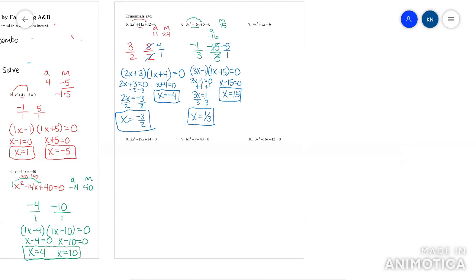All right, this next one's a little different because it doesn't already equal 0, so you're going to have to subtract 6 first and rewrite this. Now you're ready to rainbow the 4 and the negative 6 and multiply.